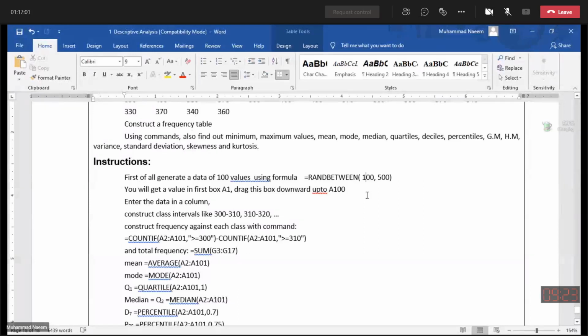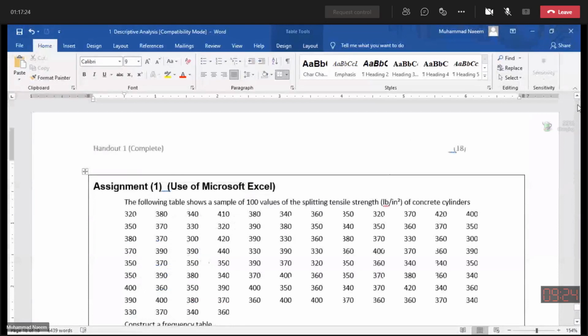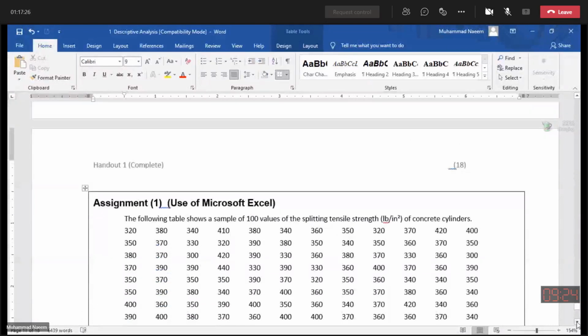Then construct a frequency distribution, where the minimum is 300 and the maximum is whatever it is in this case. And also calculate the rest of the measures mentioned here.